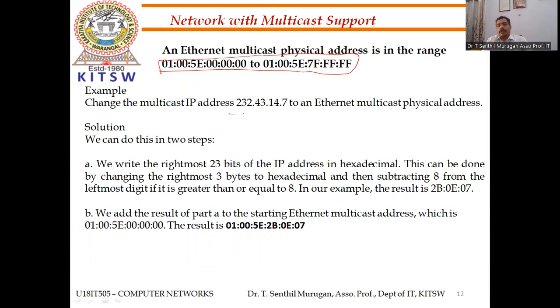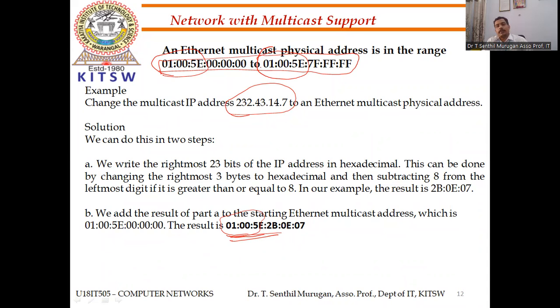If we have an IP address, then you have to identify the MAC address for multicasting. How can you identify it? A MAC address has 6 bytes, represented with hexadecimal values. The first 3 bytes are common to all multicast Ethernet addresses, as you see at the top.